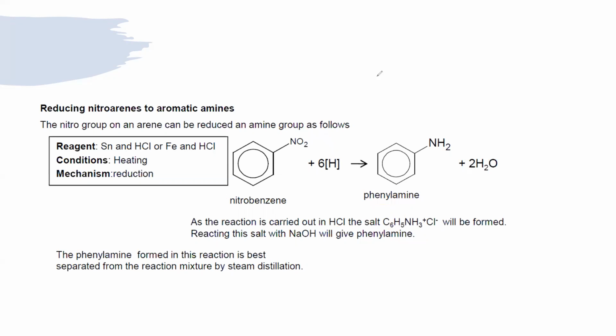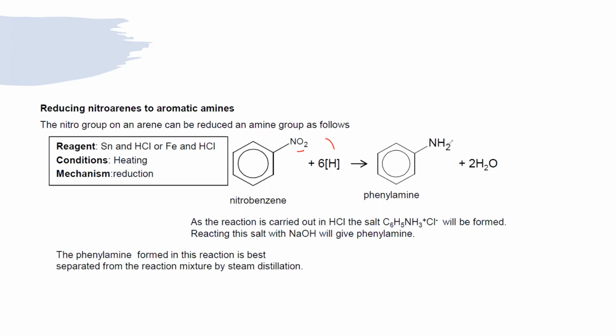If you check substances like ammonium salts, on supplying heat energy they decompose into ammonia and HCl. The same way the reaction occurs here, when we add tin metal with hydrochloric acid or iron with hydrochloric acid, this oxygen is replaced by hydrogen, but phenylamine is not formed directly.